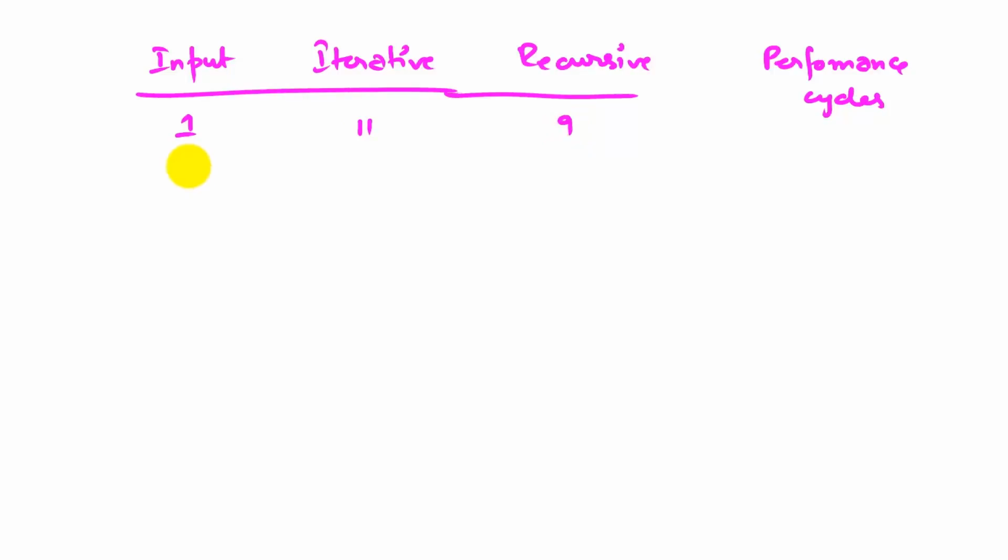Ooh, better. And then we go to 2, and this guy takes 18 cycles, and this one jumps to 23. That's about the same. And then we realize that as we go up, 3 takes 25 cycles, this one takes 37 cycles. And it's already beginning to show in terms of the performance hit.